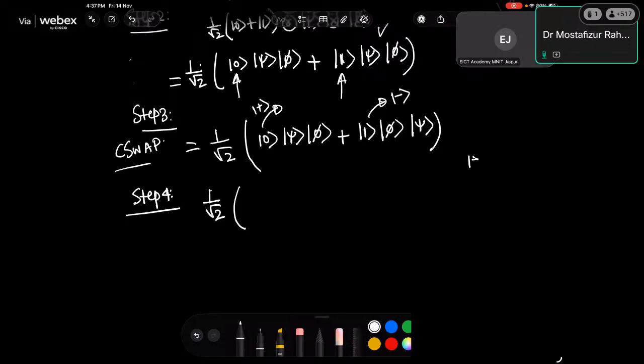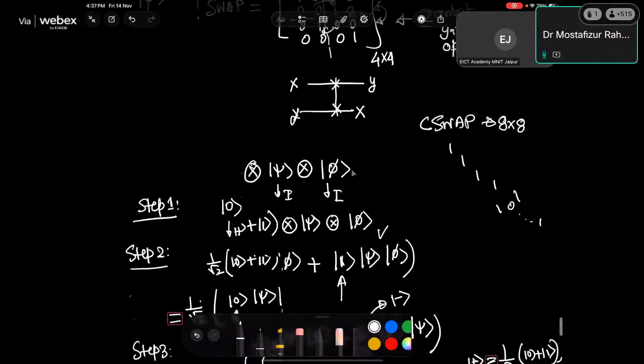Plus state means 1 by square root 2, 0 plus 1, and minus state means 1 by square root 2, 0 minus 1. These are the implications because this is the first register, right?